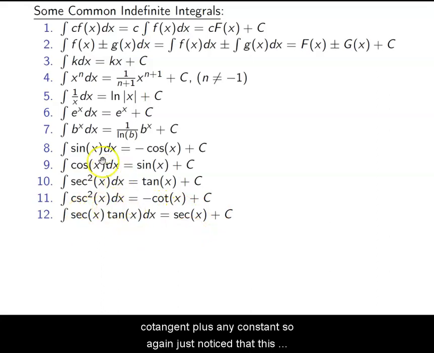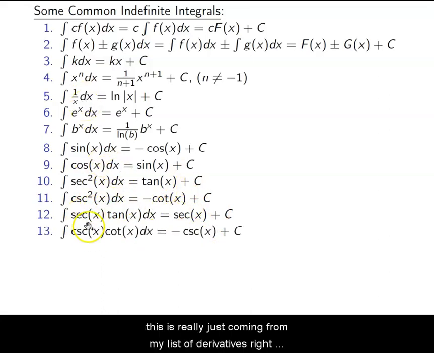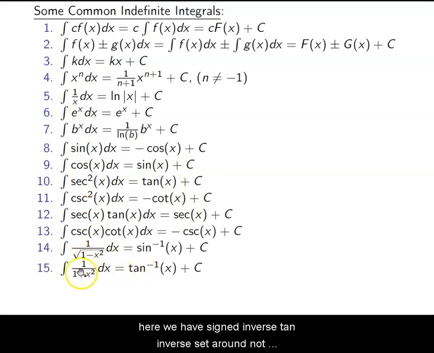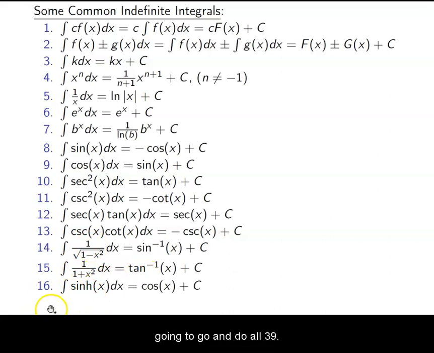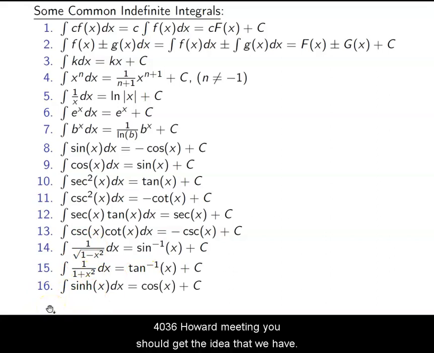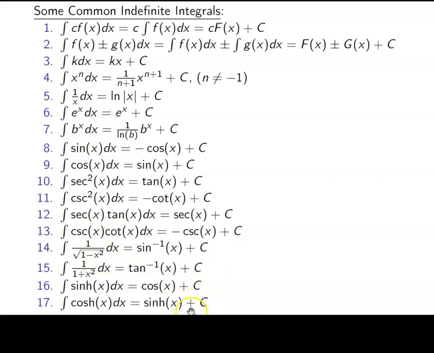So again, just notice that this list is really just coming from our list of derivatives, right? Here we have sine inverse, tan inverse, etc. I'm not going to go and do all 39, 40, 36, however many derivatives that we had, but you should get the idea and be able to find your antiderivatives for the general functions that we have, right?